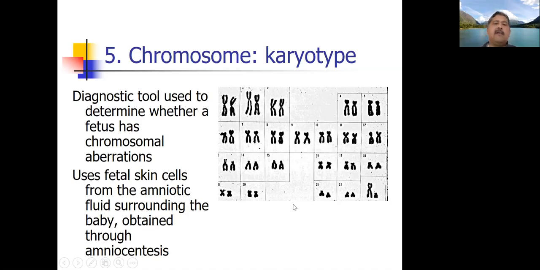And this karyotype we might do from a fetus. And so it says here it uses fetal skin cells from the amniotic fluid surrounding the baby. Just like you and I lose a lot of skin cells. Two examples come to mind: I've heard that 40 to 50% of all dust is of human origin.